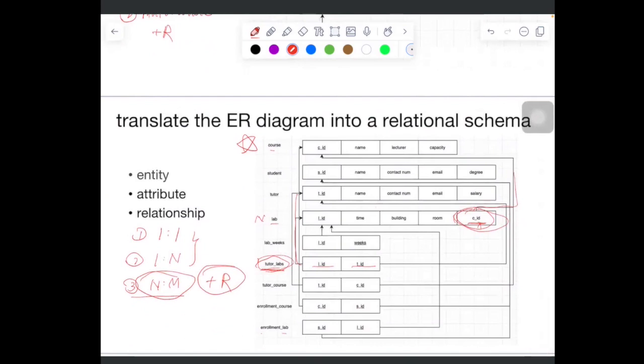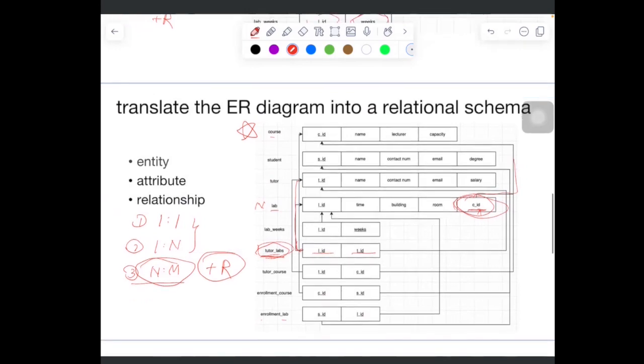So here we get lab ID as a foreign key and tutor ID as a foreign key, and no more attributes because we don't have any more attributes, and that's all. Please remember to point it. Yes, point it. The same goes for tutor course, enrollment, and lab. Yes, you can see they're all new relations.